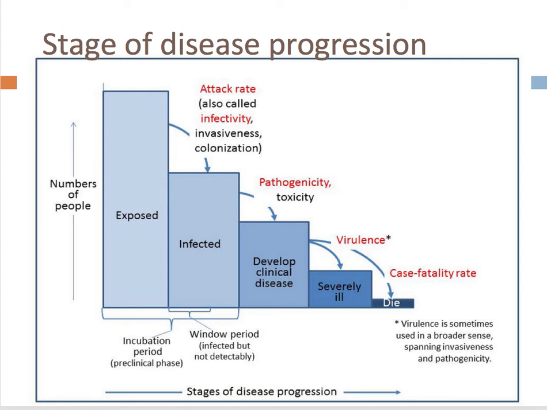So when we think about the stages of disease progression, take the intervention out of the mix as you're thinking about the way this progresses at this point in time, so we could keep this clear cut, and it's a little bit easier to define, because certainly at any point in time, exposure period, the infected period, where you have some form of incubation, sometimes not, the pathogenicity, the toxicity.